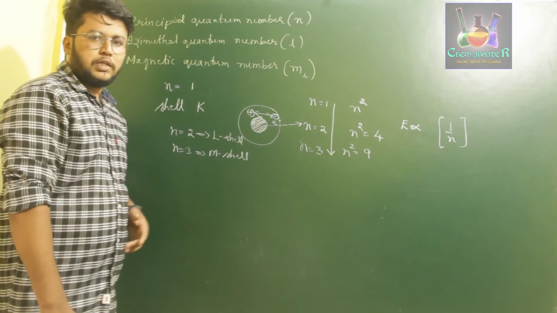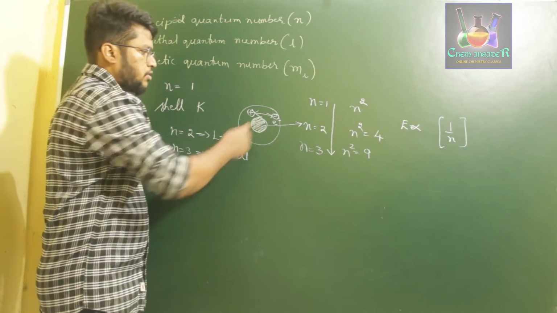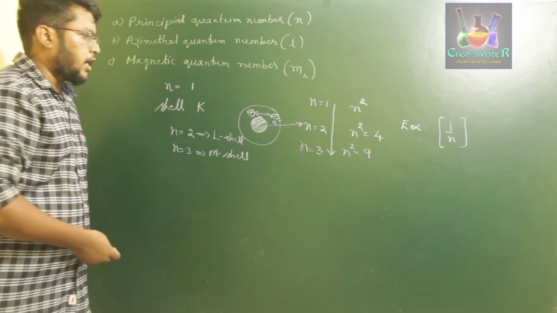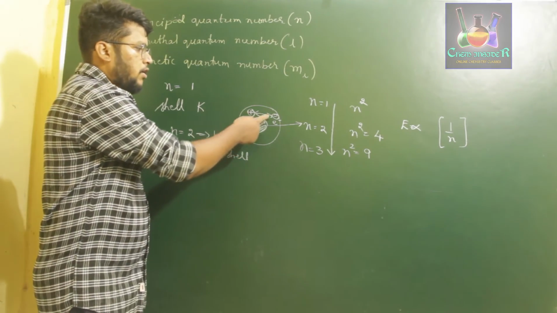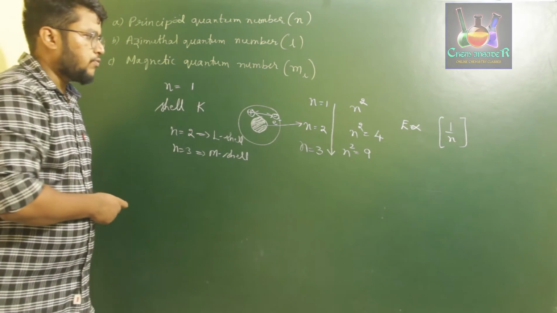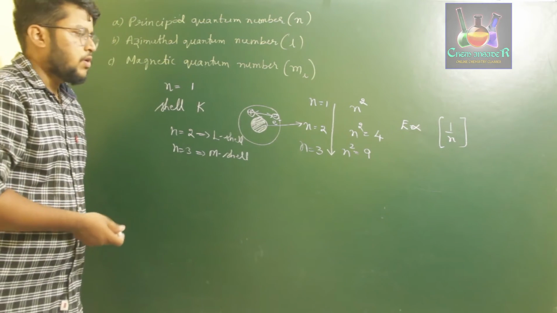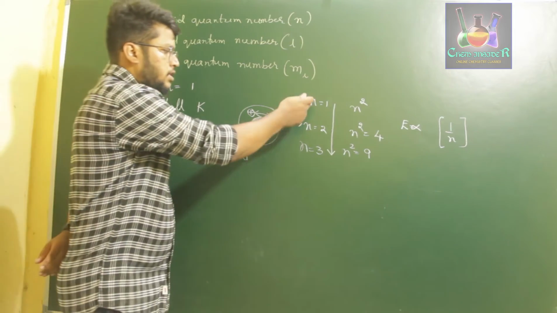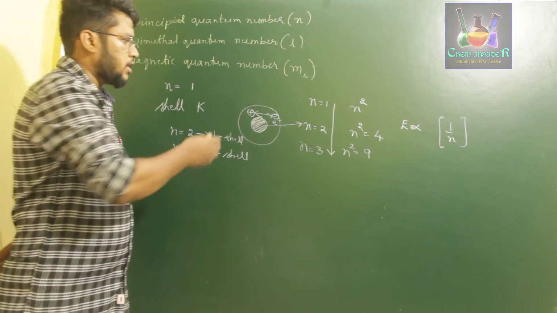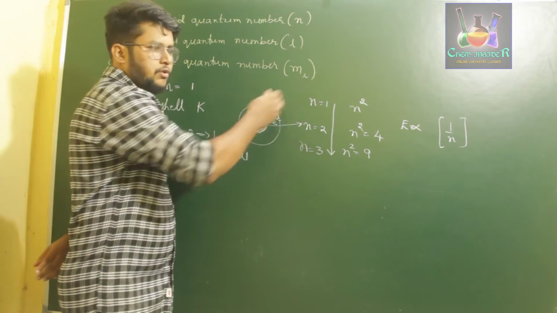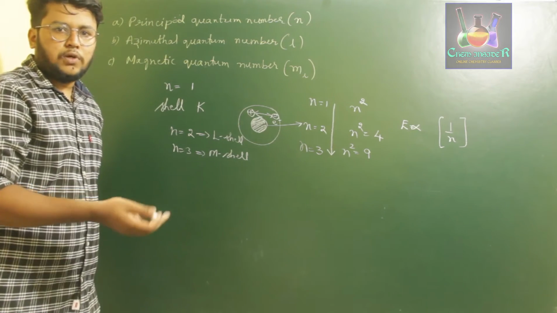To take the electron away, you have to overcome the attraction of the positive nucleus on the electron. So when you increase the value of n, that is, you are placing the electron away from the nucleus, you will be losing a certain amount of energy.